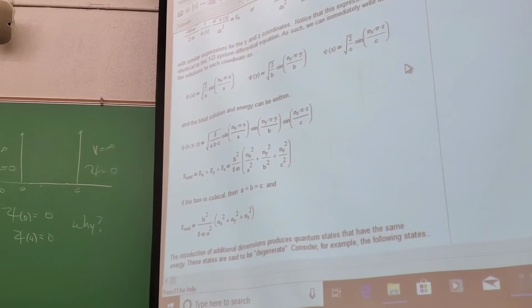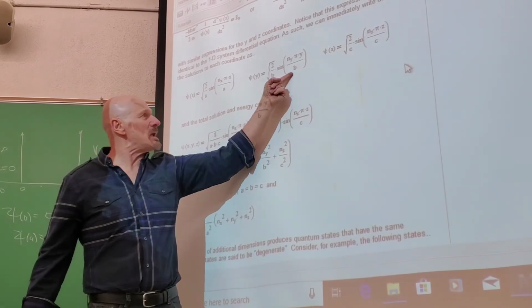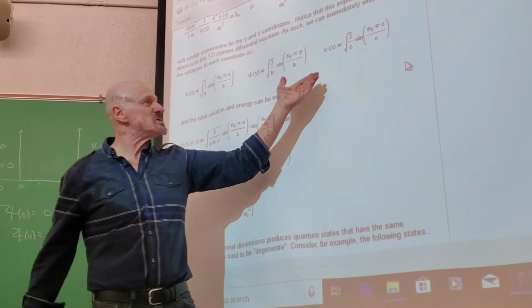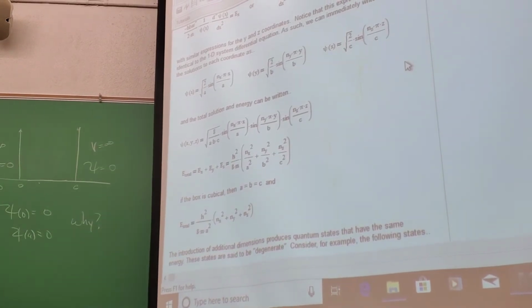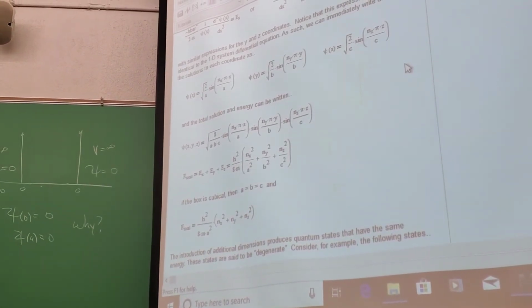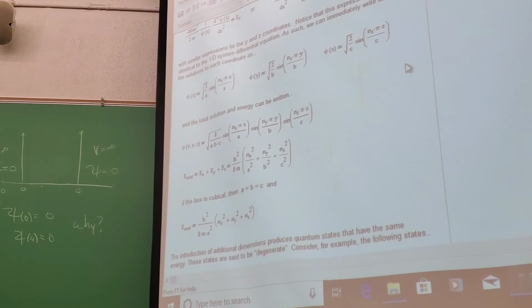If the room is non-cubical, then the A is a different value than the B width, which is a different value than C height. So you have A, B, and C, which are the dimensions of your box. So the total wave function solution, wave functions multiply. This is an exam question you're going to get.